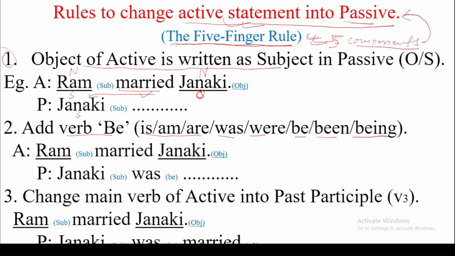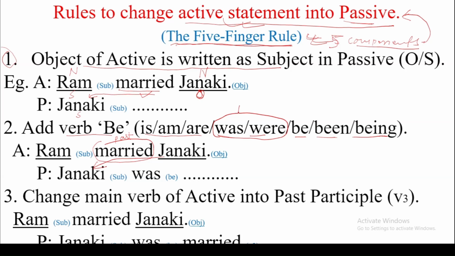So look at this sentence. Ram married Janaki. We have already done the first step, object as subject. Then this verb married represents past tense.